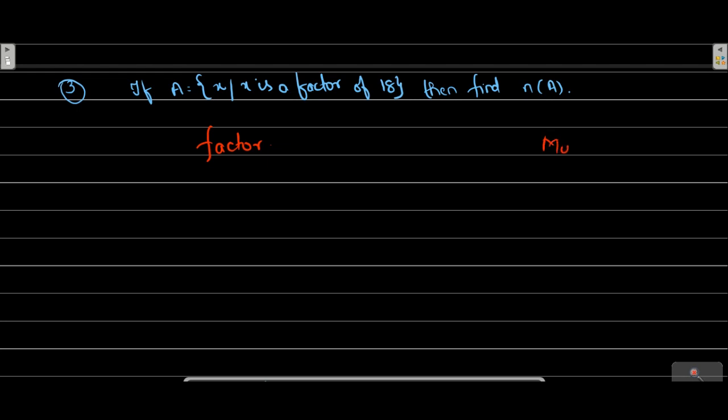Coming to the term factor, let me give an example, 3 4s are 12, right. So, a factor is a number which divides a given number completely. This is the definition. If I take this number 12 and divide it by 3, 3 4s are 12 and the remainder is 0.